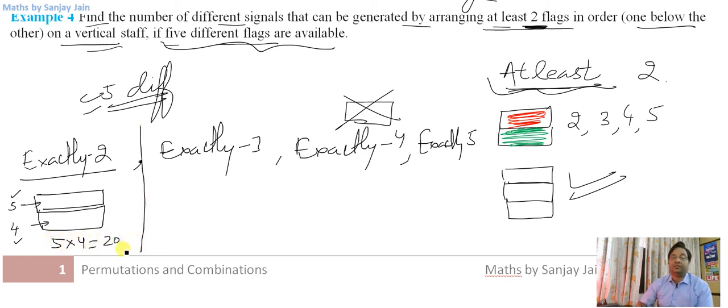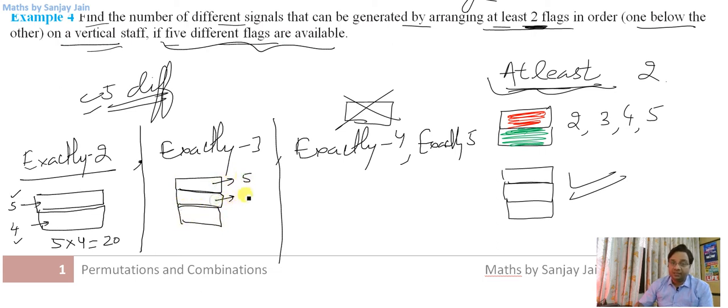So in this case, when you use 2 flags, there will be 5 into 4, 20 different signals. But when you are using 3 flags, one above the other, the first flag can be chosen in 5 ways, another 4 ways, another 3 ways. Now, how many different signals can be generated? 60.